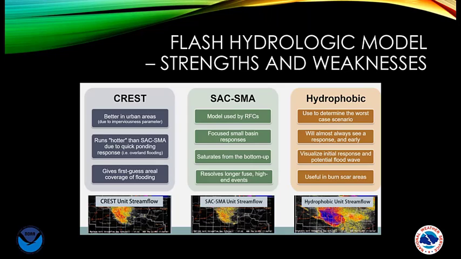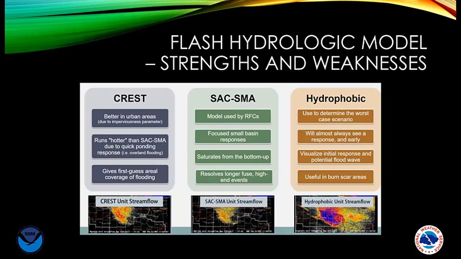The SAC-SMA is the model that's used by the RFCs. It focuses on the small basin responses, and it saturates from the bottom up. And it resolves longer fuse, high-end events. The other thing, it does not know impervious surfaces. So that's why CREST will perform better than the SAC-SMA.